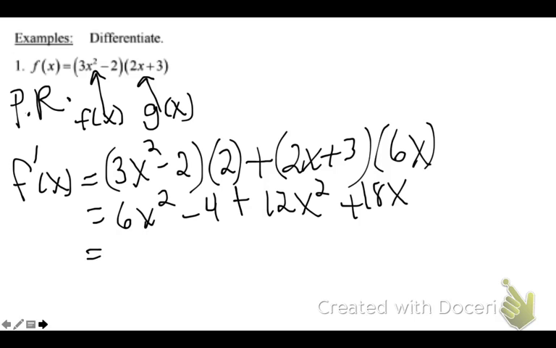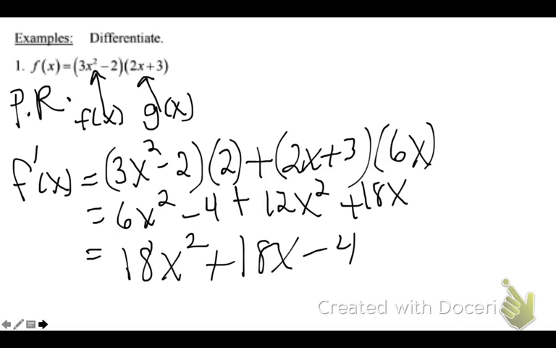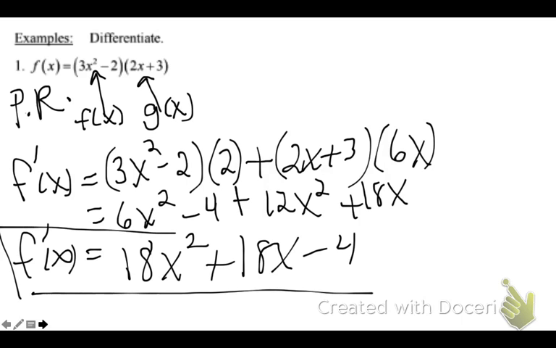Combine like terms, we'll get 18x squared plus 18x minus 4. And that is our derivative using the product rule.